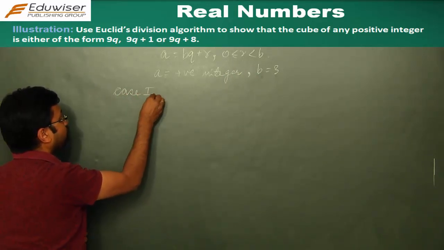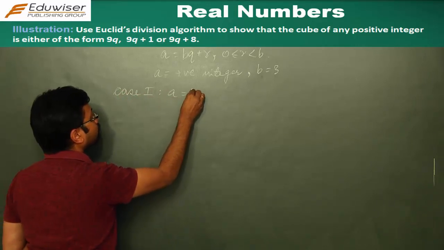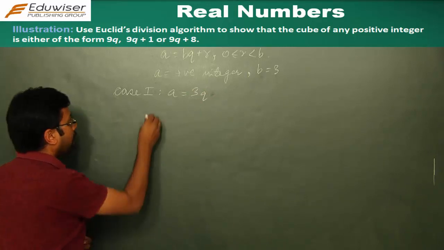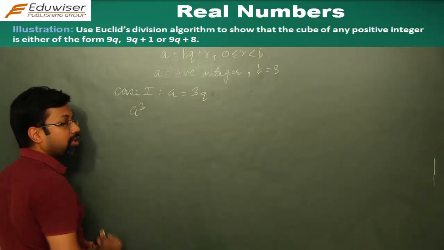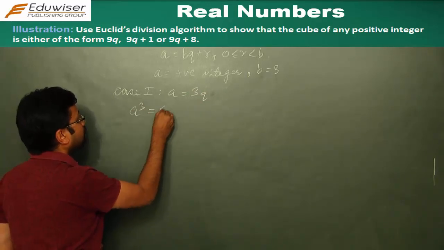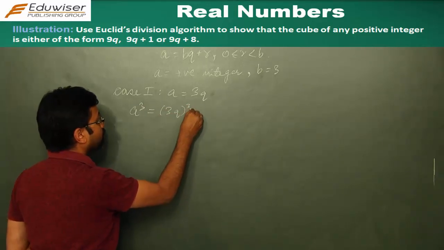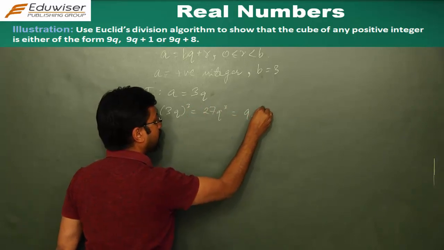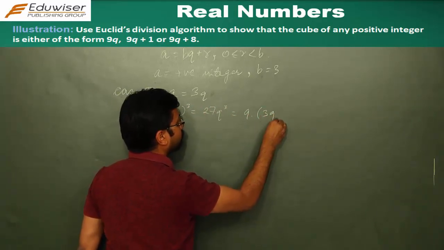Case 1 would be a is equal to 3q plus 0. So that's 3q. In this case, we will have to find out the value of a cube, the cube of the number, which will be 3q cube. It's 27q cube, 9 into 3q cube.